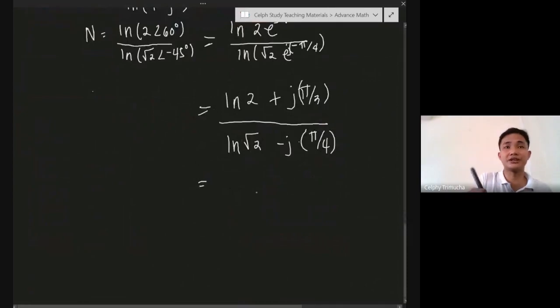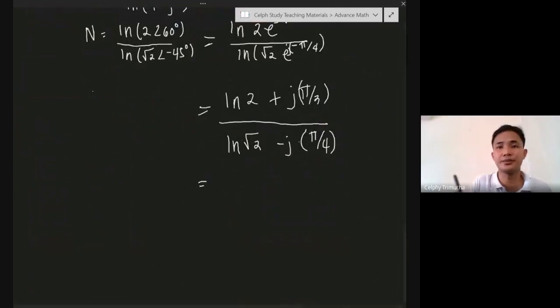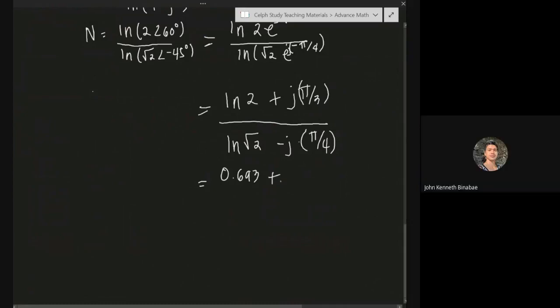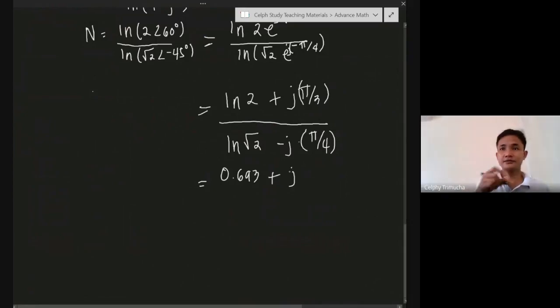So ang manani subong aton equation, perform na to ng operation. We will have ln 2, pila gani ang values ng ln 2? 0.693, sakto na sa inyo. Plus j times, so express na lang ni into decimal form kay para pwede ta na ma-perform dayon.